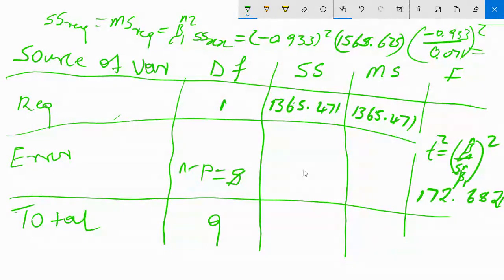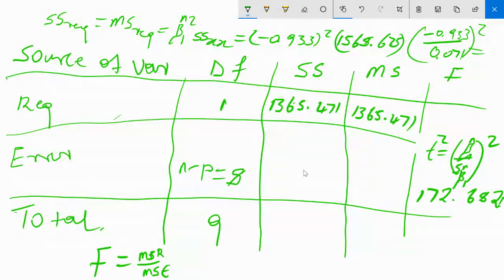So you have those. Now we are left with SSE, MSE, and SS total. Now, we know that our F, I will write it down here, is nothing but MSR divided by MSE.